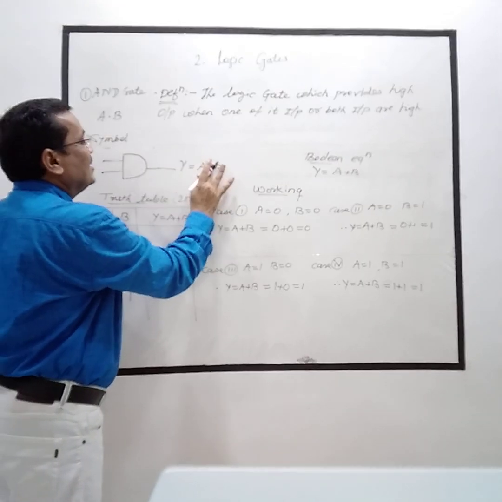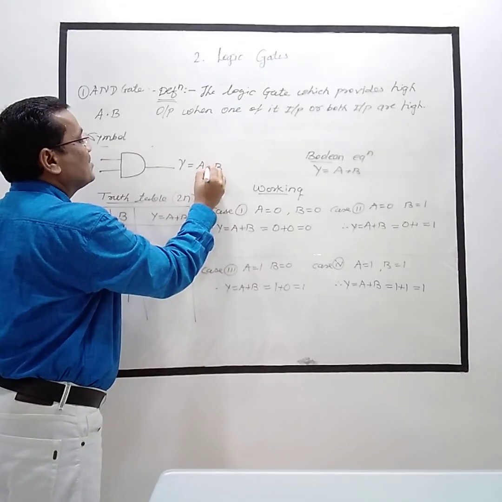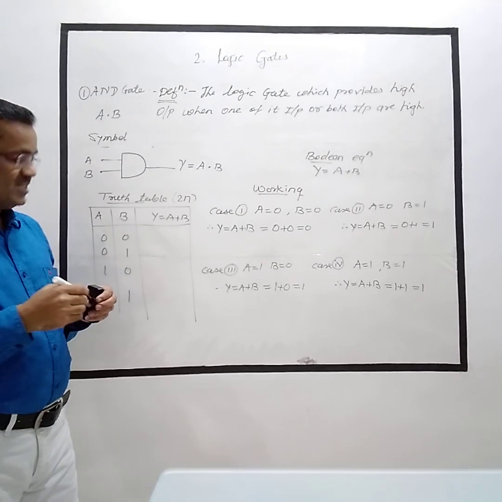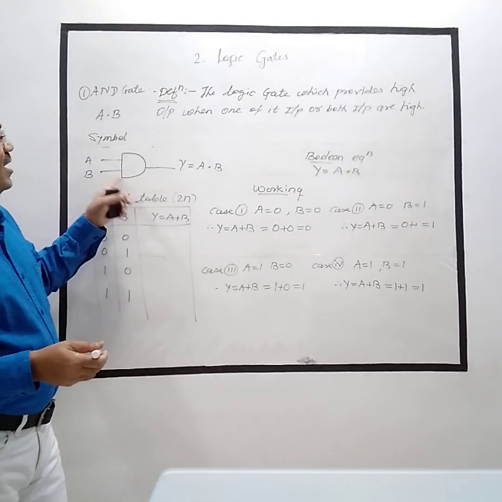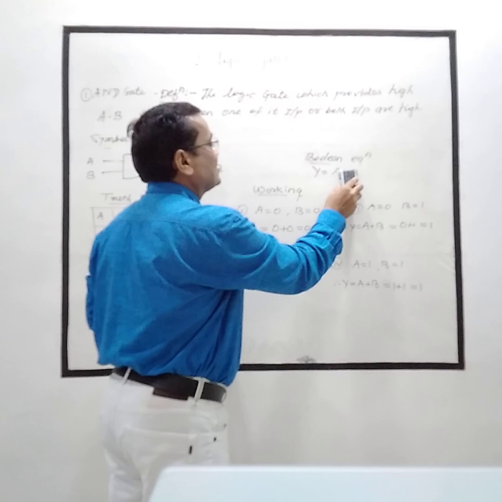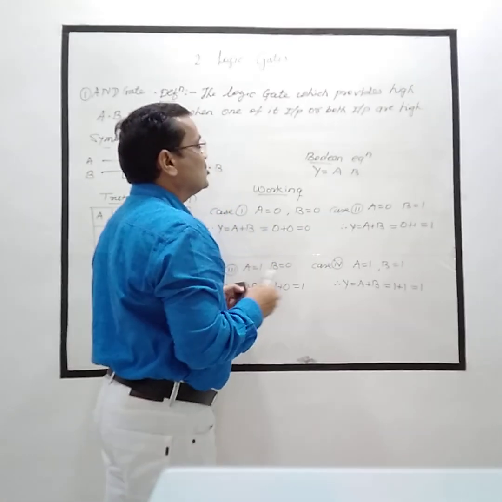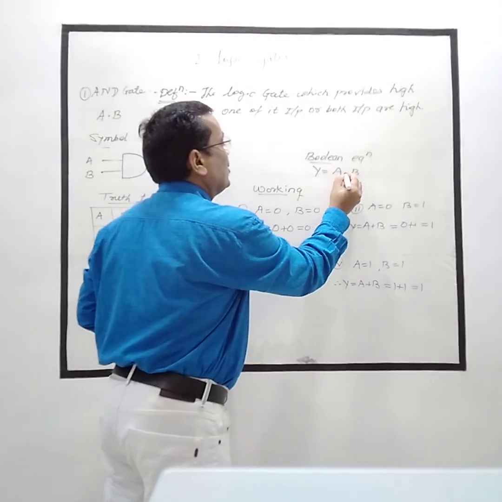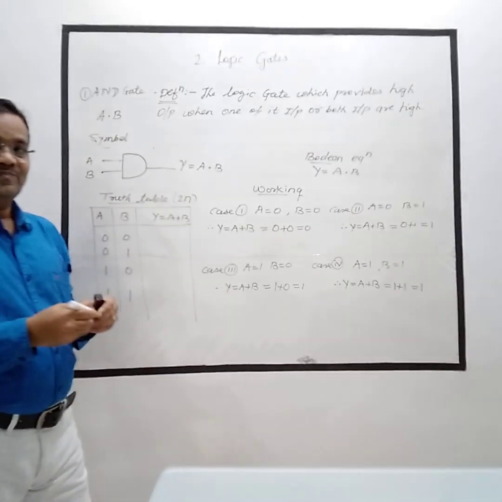And here addition is replaced by dot, that is product. The Boolean equation makes a certain change from the OR gate. So it is y is equal to A dot B. This is the Boolean equation.